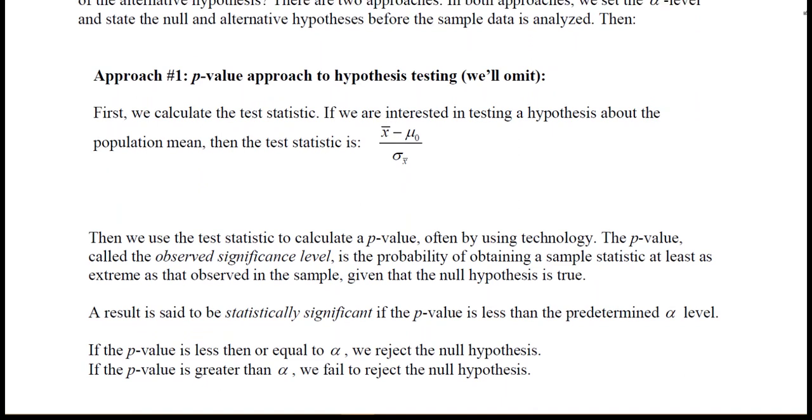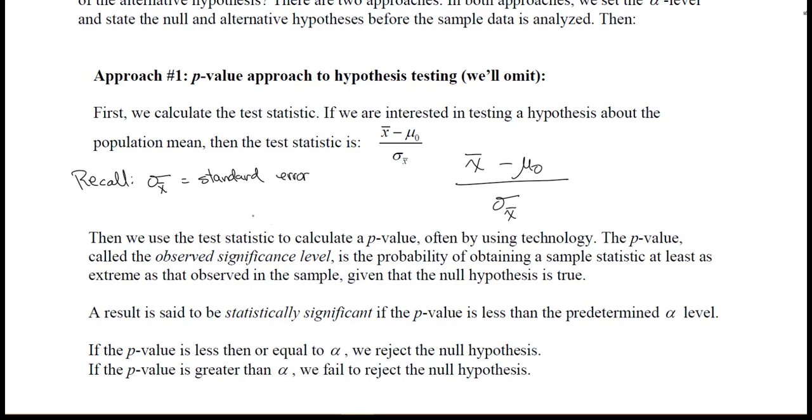Let me write this out a little bigger in case it is hard for you to see. We're going to take x bar minus our mu 0, and we're going to divide by the sigma, or the standard deviation, of all the x bars. That sigma of the x bars is going to be our standard error.